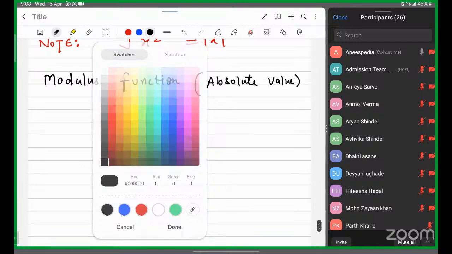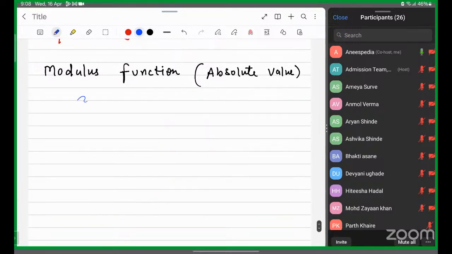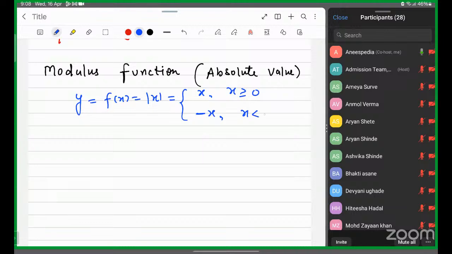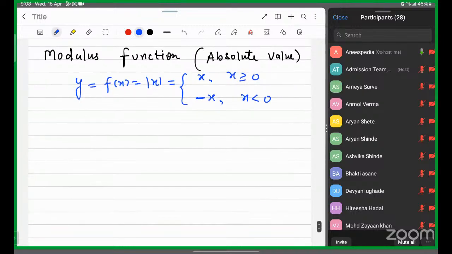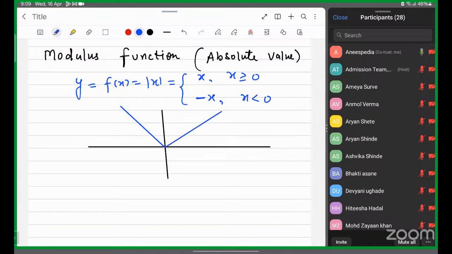This is defined as y is equals to f of x is equals to mod x, which is x for x greater than equals to 0 and minus x for x less than equals to 0. If you plot the graph of mod x, this will go like this. This is the graph for y equals to mod x.